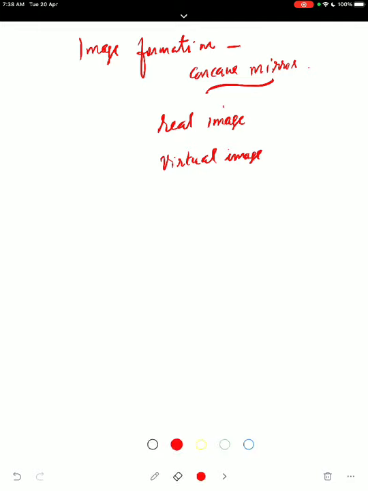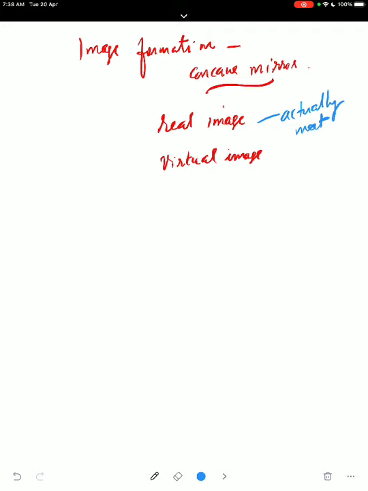Real image is formed when the rays, after reflection, actually meet at a point. When the rays after reflection from the mirror actually meet at a point, we get a real image.